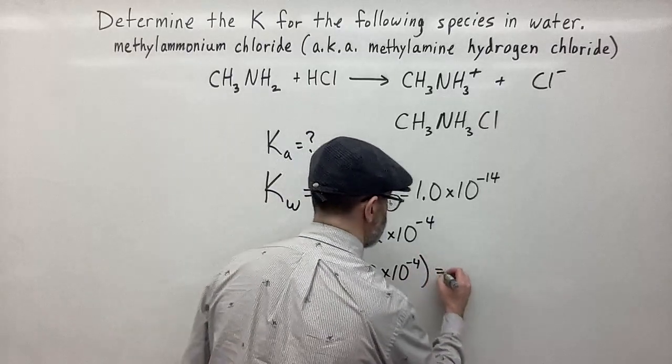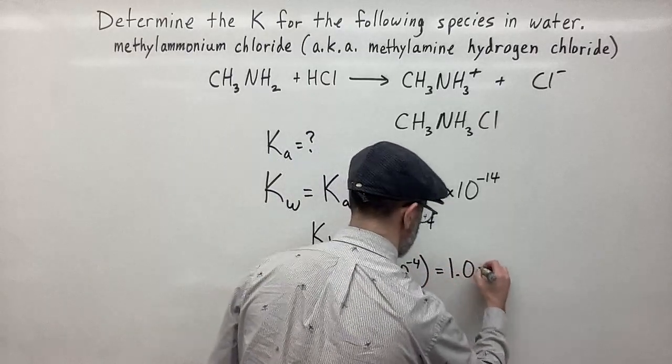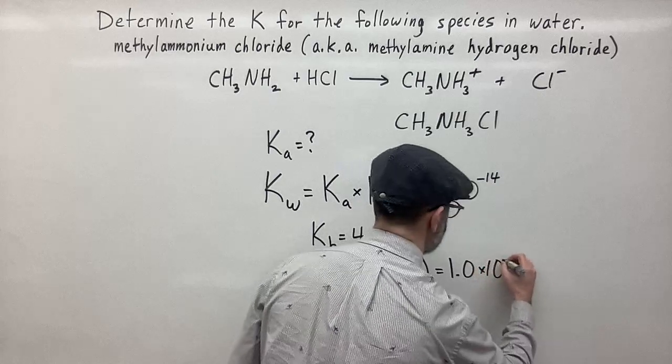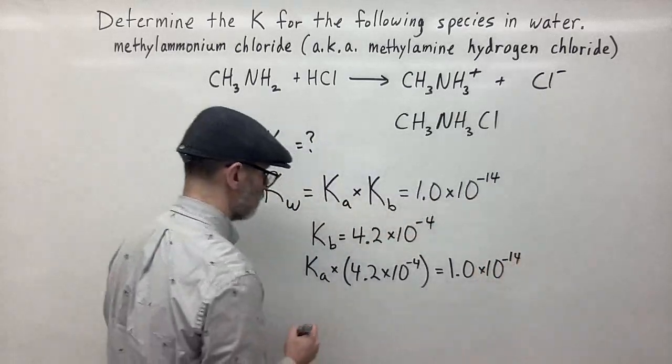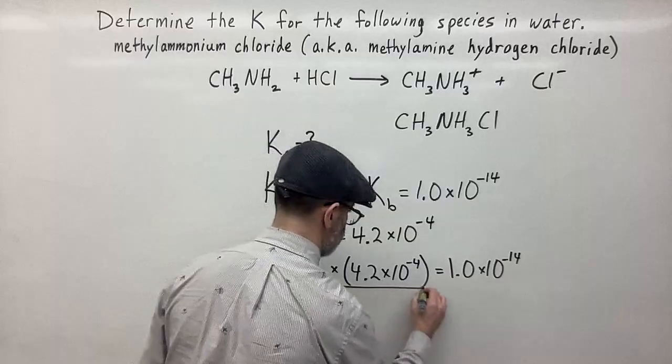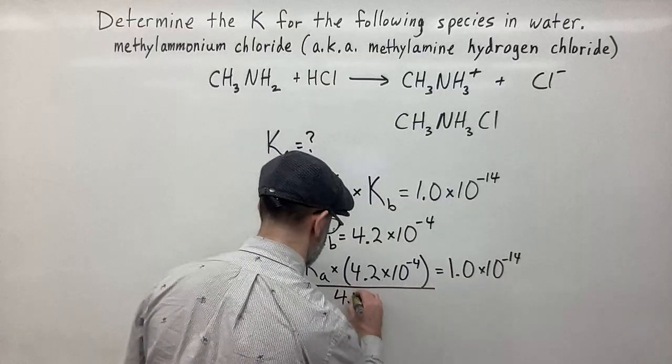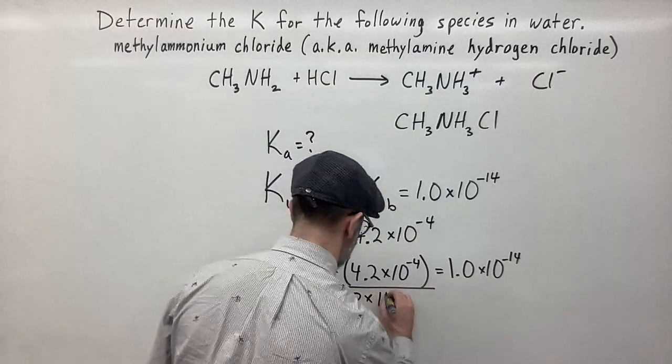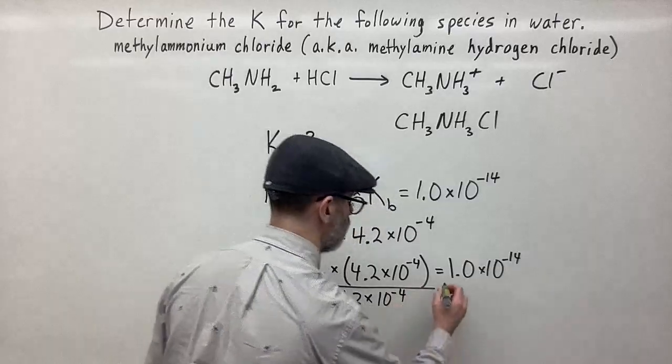And that's going to be equal to 1.0 times 10 to the negative 14. So you're going to then divide both sides by 4.2 times 10 to the negative 4.